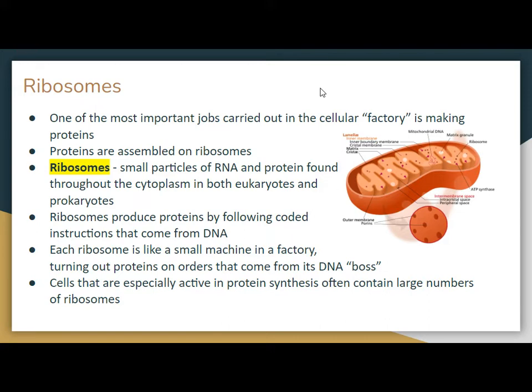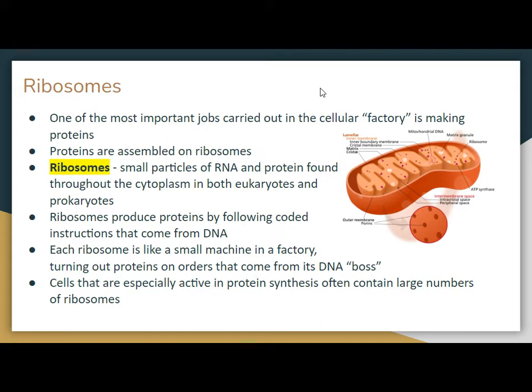So mRNA has read the code, the instruction manual of DNA, inside the nucleus. It carries it outside the nucleus and it goes to these ribosomes. And then the ribosomes read these codes and the instructions, and they form the proteins. They read the DNA in chunks of 3. That chunk of 3 bases from our DNA tells the ribosome what amino acid to grab.